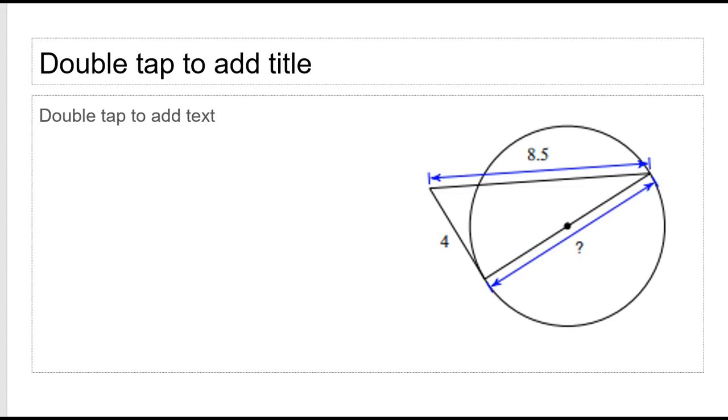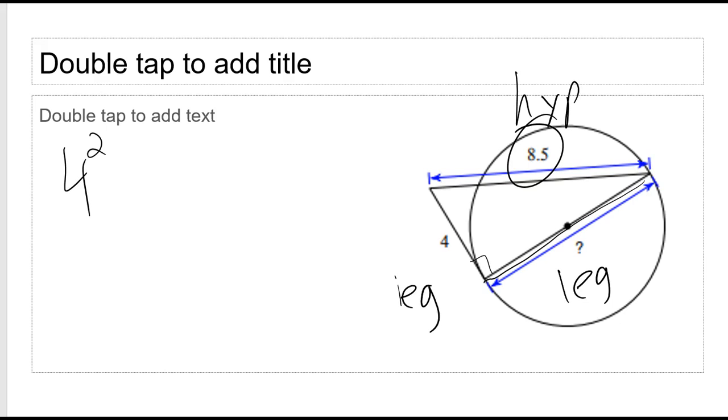Alright, so this is the same concept. Now I got a diameter touching a tangent, so there's still a right angle right here. So now we're going to have 4 squared, but look right here. This is actually my hypotenuse. These are my legs. So notice now it's not 4 squared plus 8.5 squared. It's 4 squared plus x squared equals 8.5 squared.